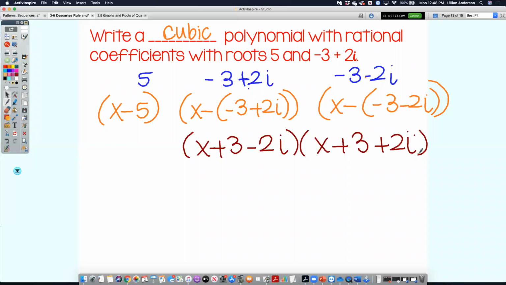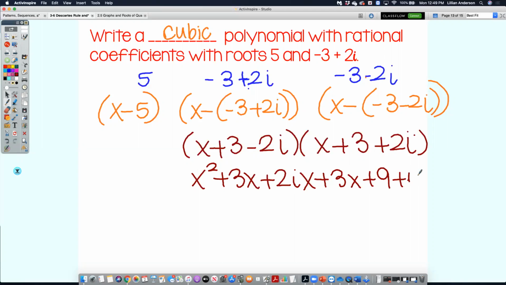Distribute over that negative. Distribute the x. The 3. Go too big again. And that -2i.